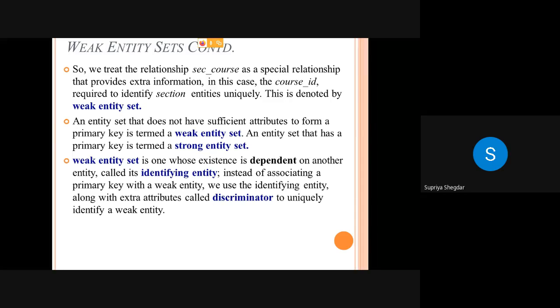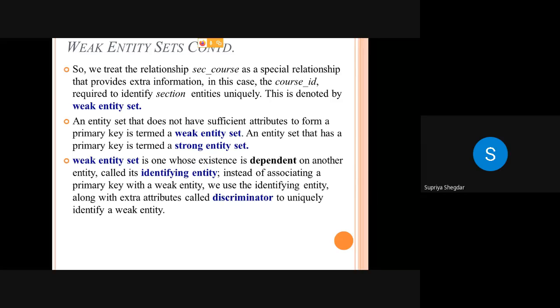Then the weak entity set is the one whose existence is dependent on another entity set. Means the weak entity set always depends on another entity set, and that other entity set is called the identifying entity set. Okay, and instead of associating a primary key with the weak entity set, we use the identifying entity along with an extra attribute called the discriminator to uniquely identify a weak entity set.